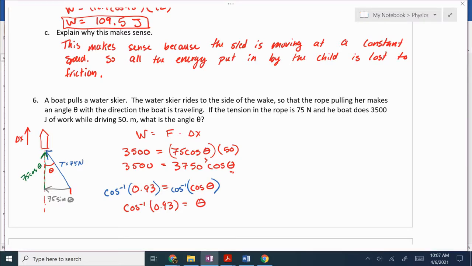Then you just put that into your calculator, that's a button, inverse cosine of 0.93, and you are going to get 21.6. So theta equals 21.6 degrees. Make sure your calculator's in degrees, not radians.